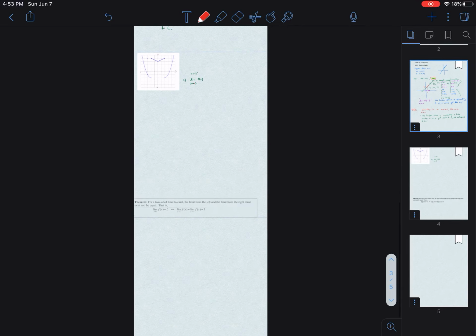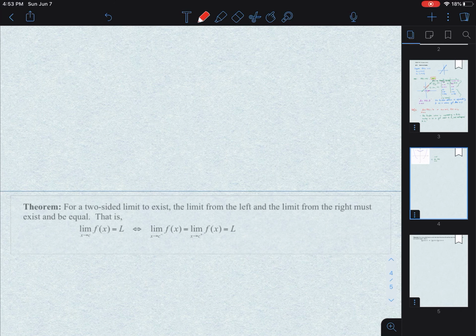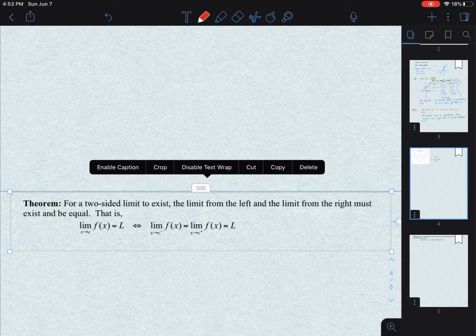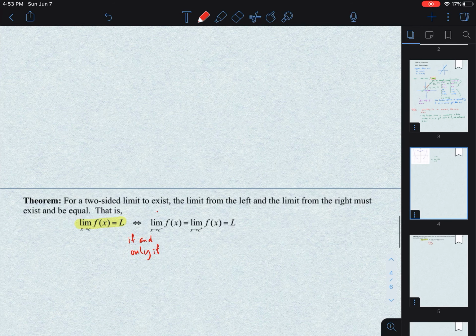Let me zoom in here. The theorem says that for a two-sided limit to exist, the limit from the left and the limit from the right must exist and be equal. That is, the limit equals L if and only if both the left-sided and right-sided limits equal the same number.